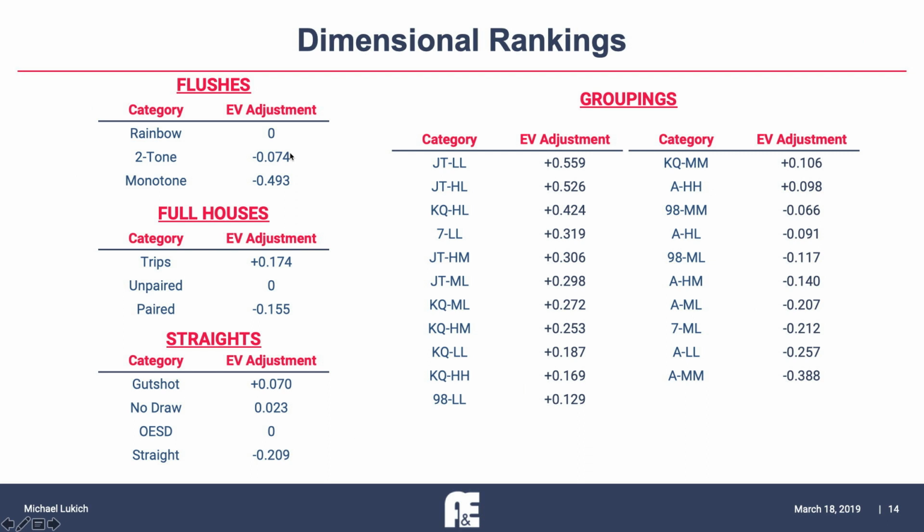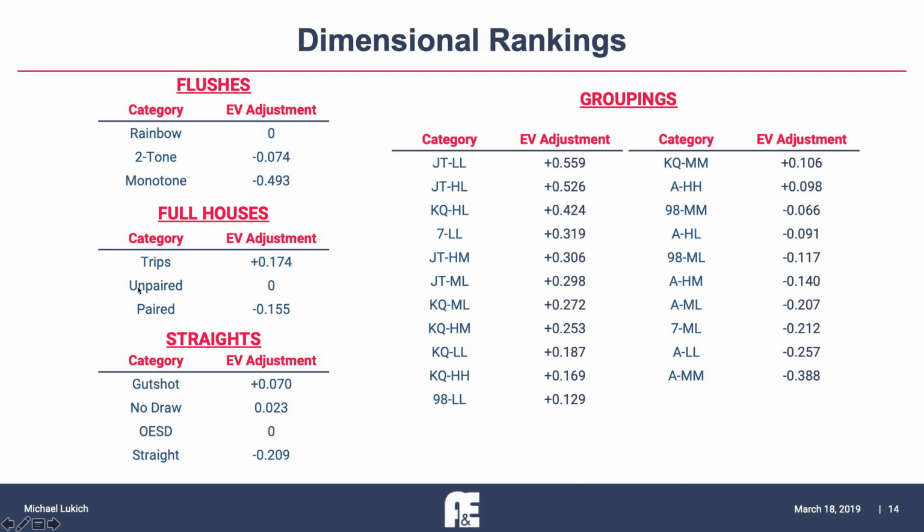So we're saying two-tone boards are slightly negative in our EV adjustments, and then our monotone boards are worth almost half a big blind less than our rainbow boards. So rainbow and two-tone boards are not going to impact our advantage that much from an EV standpoint, whereas the monotone boards are going to be fairly unfavorable for us as the cutoff raiser.